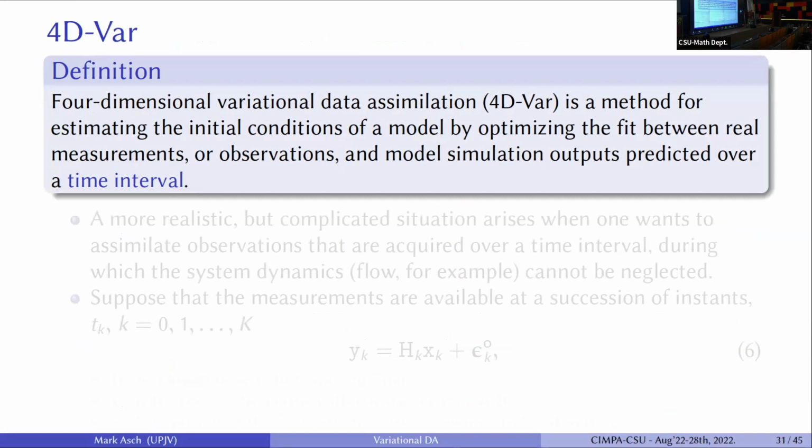So the next point is that you can extend 3D VAR to what's called 4D VAR. The difference now is that we're going to predict over a time interval and not just at a single time. The 4D VAR takes into account the fact, does the work over a certain time interval, okay?